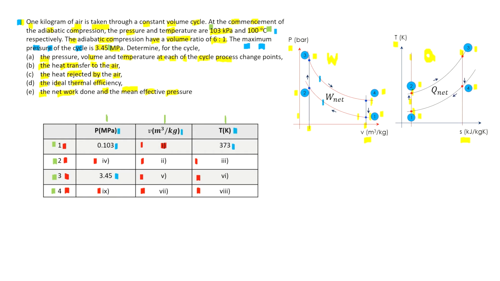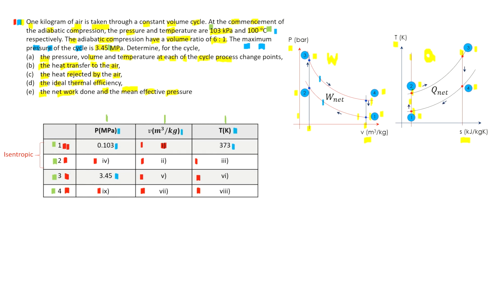That is the volume. Okay, the volume is unknown. So you can straight away, based on only state point 1, use PV equals to RT or PV equals to MRT. If you use PV equals to MRT, then your mass is 1 kg and the volume is in meter cube.